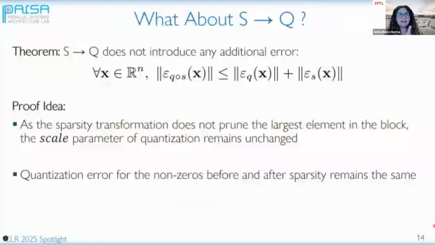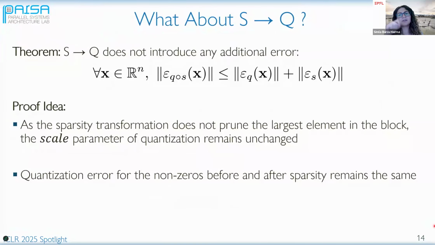Okay, when we come back to the order of the operations, applying sparsity first preserves the dominant values in a block, which means that the scale used in quantization stays the same because we are focusing on max scale quantization. What was that? It is the largest element in the quantization block is used as the scaling factor.